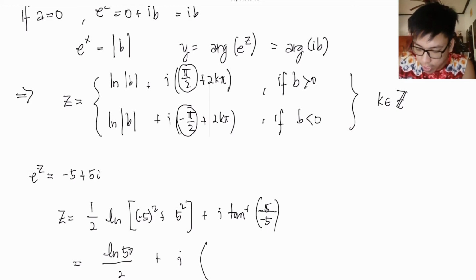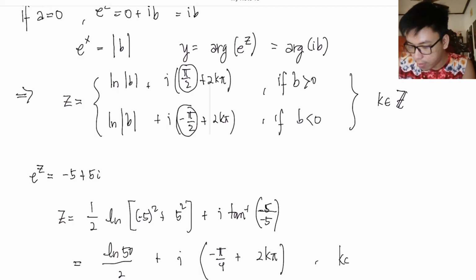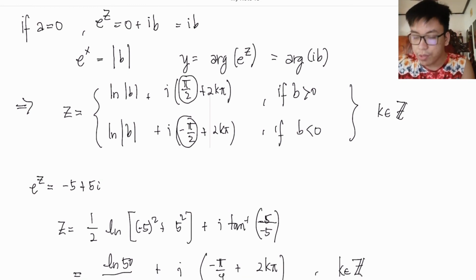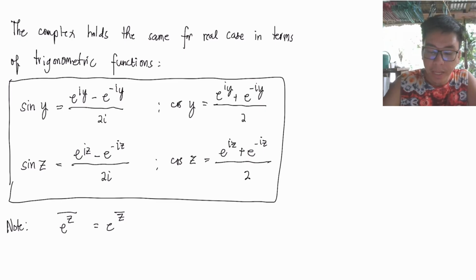So meaning to say we have negative pi over 4, and it's plus a multiple of 2k pi, where k is in the set of integers. So always remember that your z is determined up to an integral multiple of 2k pi. That's it. The complex case holds the same as the real case in terms of trigonometric functions.